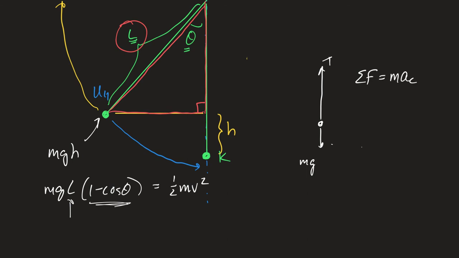Boy, they love the circular problems with motion, with conservation of energy. They love them. Do you see the problem I see here? I do. I see a great problem. Because this is going to be tension minus mg equals mv squared over L, right? Radius is L. Do you see it?